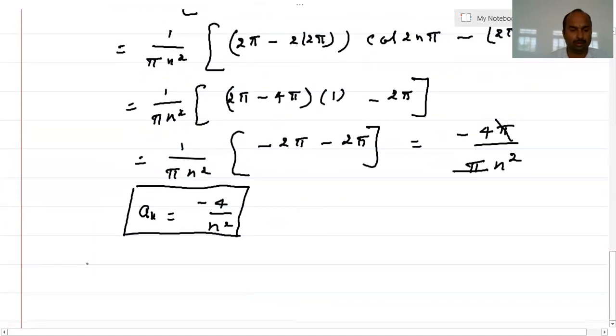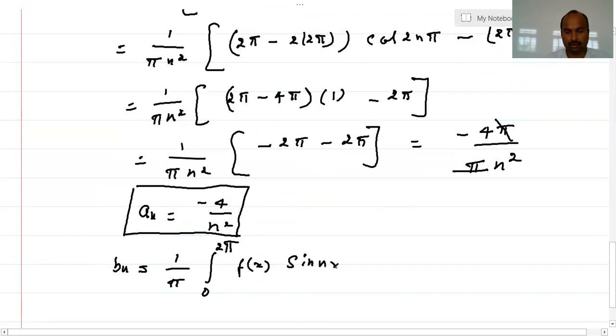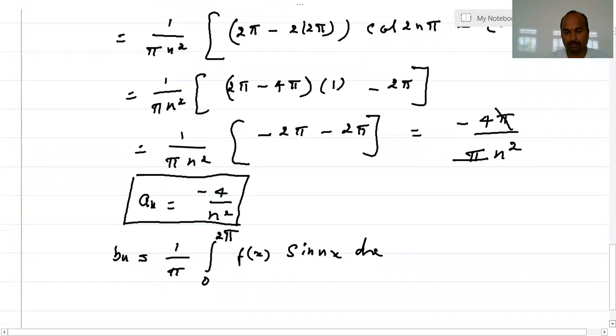We'll find out the other one, that is bn. The bn formula is 1 by pi, integral 0 to 2 pi f of x sin nx dx. Now substitute the function.